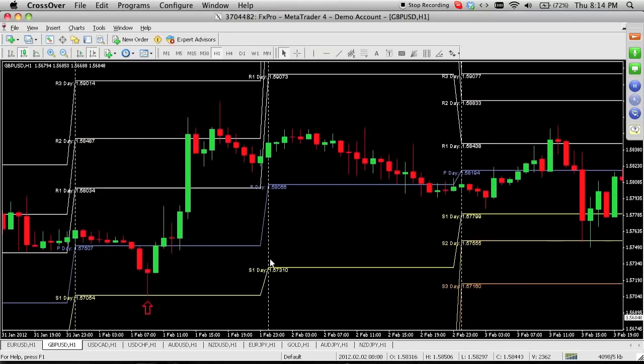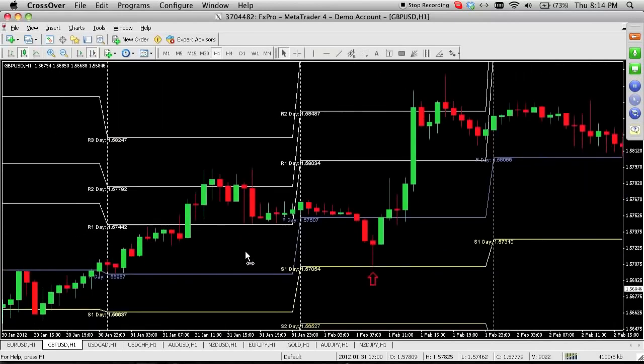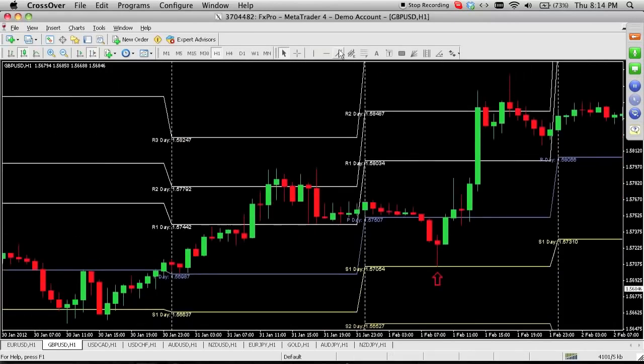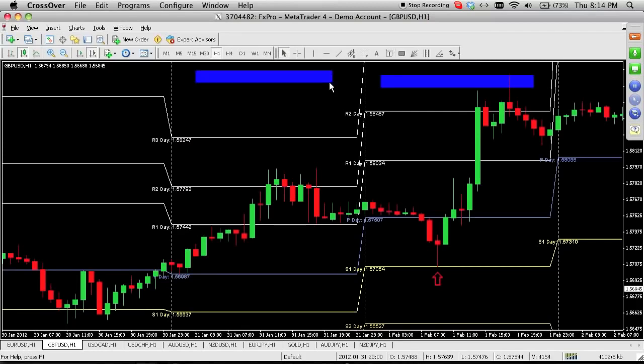Okay, so once this happened, on all these pairs, you can enter long up until the next pivot line. For the last 3 days, this day, and this day, from the price, the opening of the next candle, which is right there, you enter long.